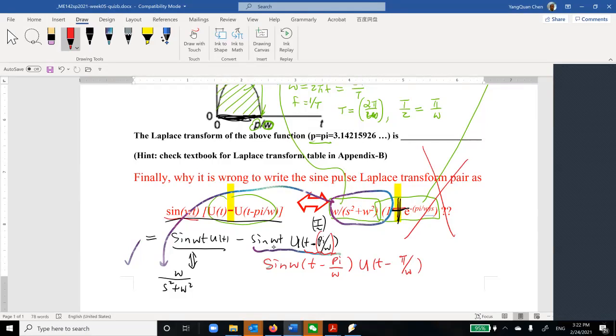So we need to write this in this form, but you actually have only t. So what you do is you try to be nice. You add pi divided by omega back. So we add minus and add, so it's 0. So it's still like this.